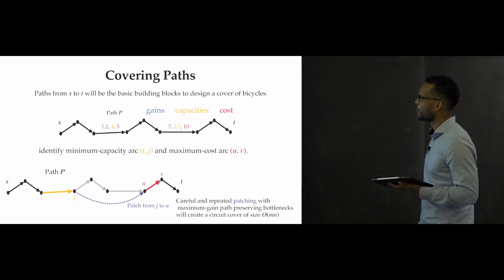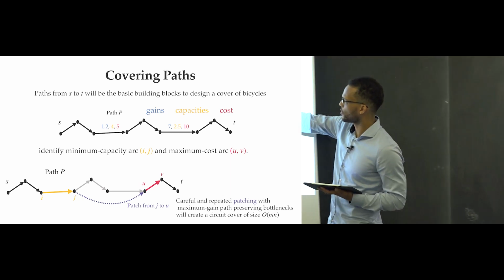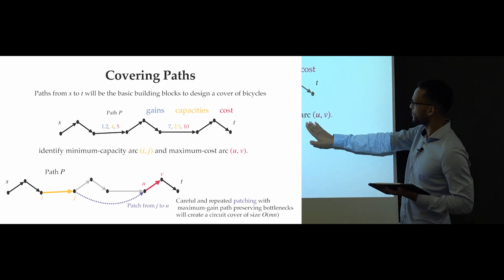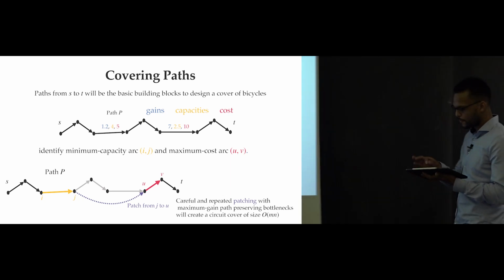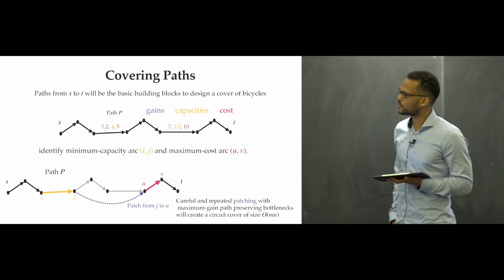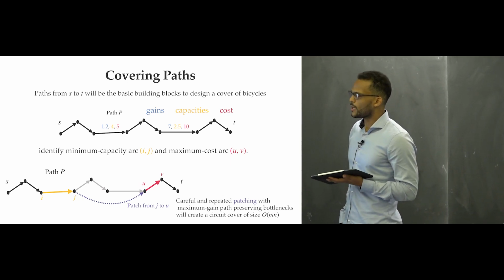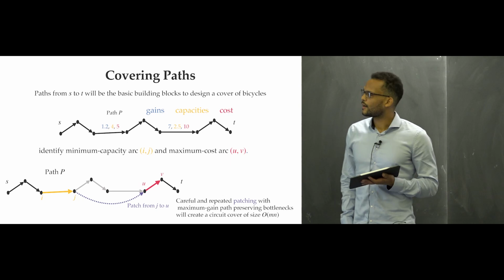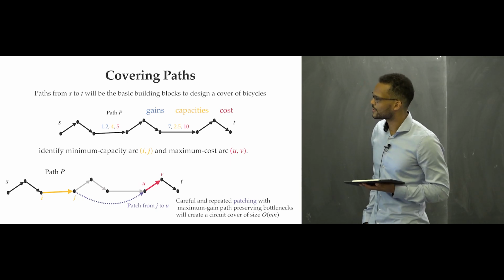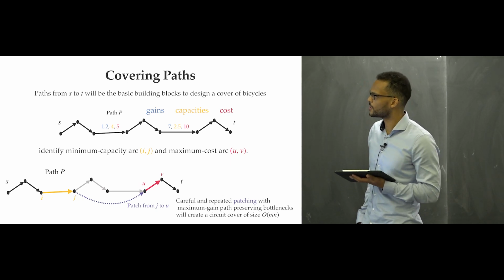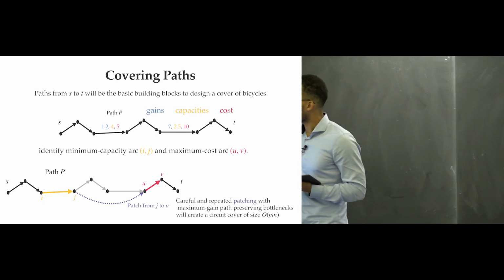So for any unit of flow, you sum up the cost over the arcs and you pick the arc max of the cost, and this is going to be your arc UV. These are going to be two arcs in your graph. By the way, they turn out to be distinct arcs. This is sort of a fact from strict complementarity. But yeah, it's not important that they are distinct.